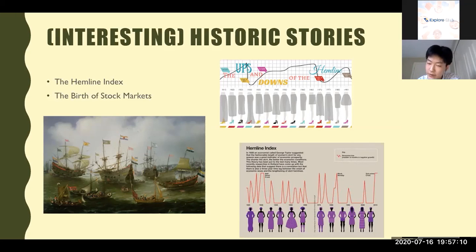And if the explorer failed and went missing or died, then the loss for every individual shareholder is a lot smaller than before, because now people are sharing this loss, and they only lost a portion of the entire cost.